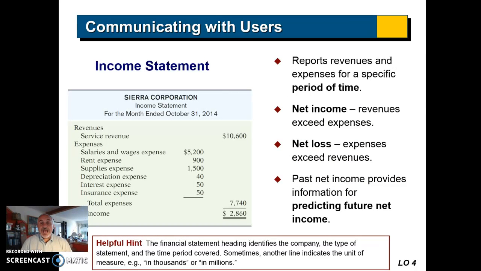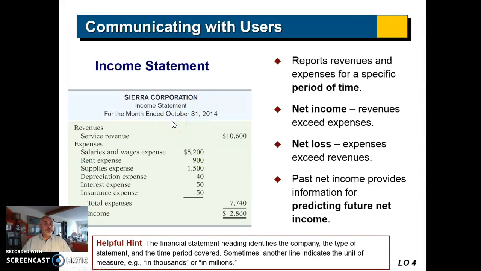Let's first look at an income statement. As you can see on the screen, for Sierra Corporation, this is their income statement for the month ending October 31st, 2014. In the income statement, you can see that it is for a specific period of time.